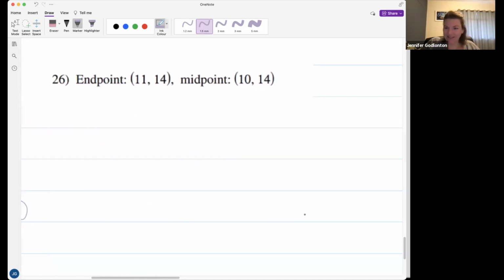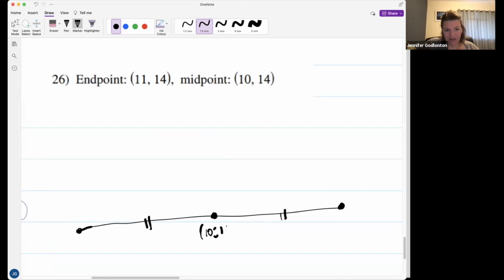All right, give this one a go. I'm going to do the same thing for this one. I'm going to draw you a little picture. And then the next one, I'm letting you fly solo. Okay, so our midpoint is (10, 14). Our one end point is (11, 14). And our other end point, we don't know, is x and y.